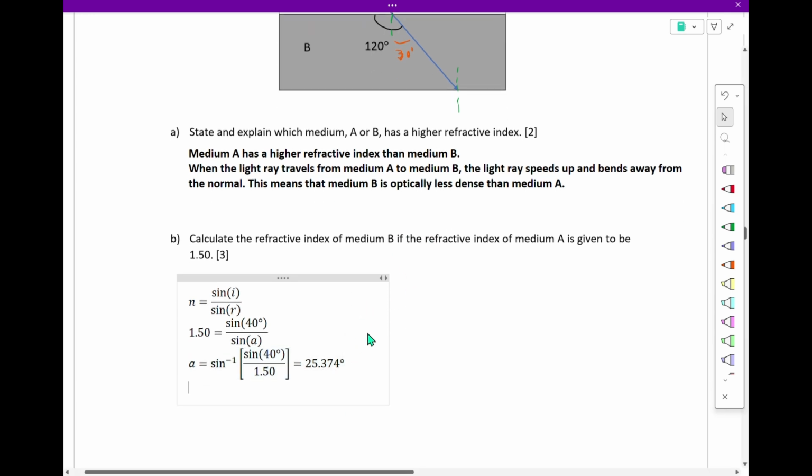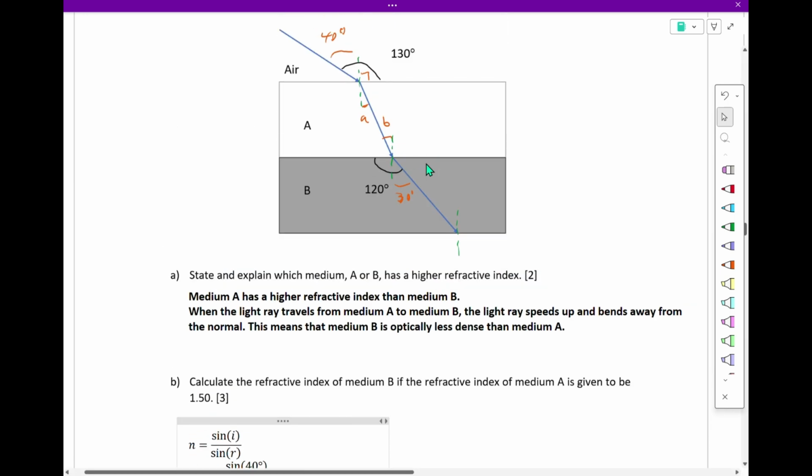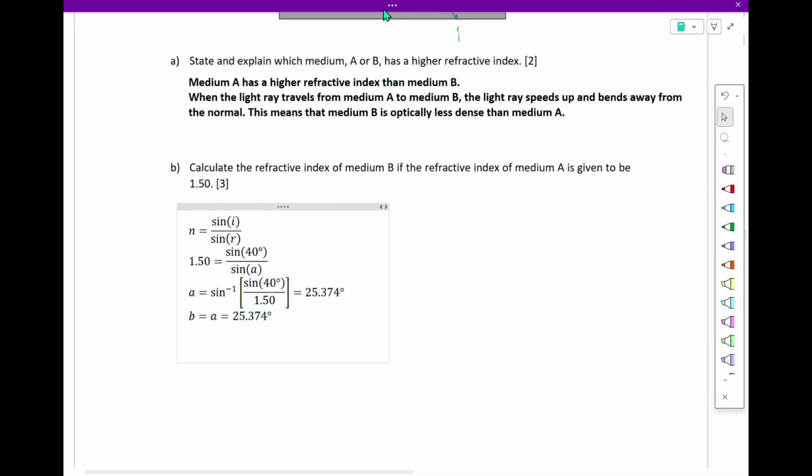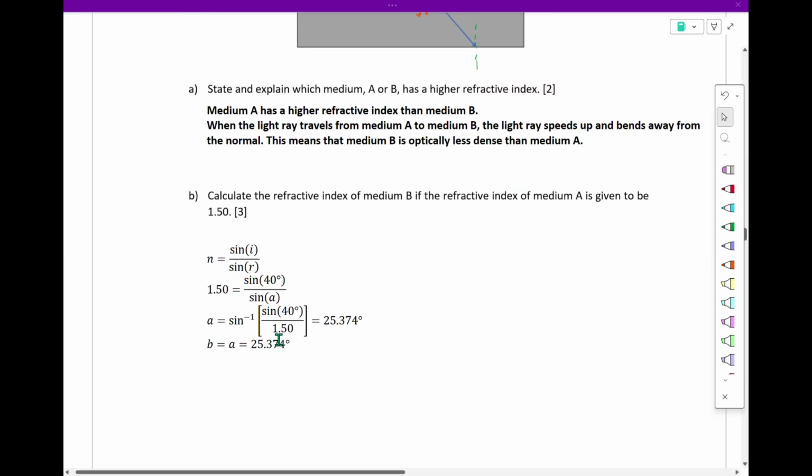So the next thing is B is equal to A, so they're both this value, 25.374 degrees. Okay, so we're gonna use B to help us solve for our value itself. Okay, so you can just see from this, you can actually solve. Okay, sorry, I take that back.